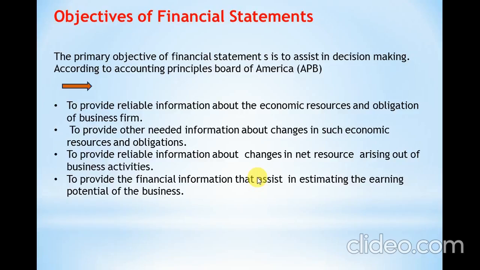The Accounting Principles Board of America, APB, provides some objectives. The first one is to provide reliable information about the economic resources and the obligations of the business firm.